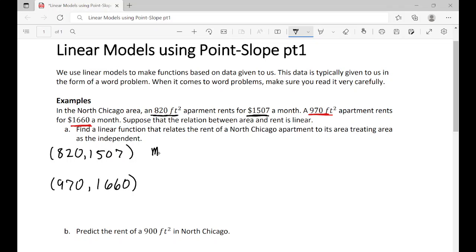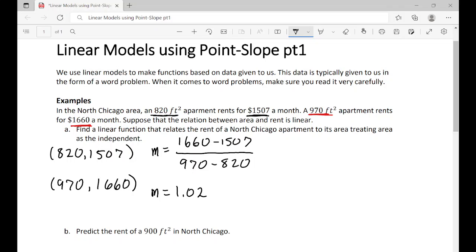So our slope m is going to be equal to (1,660 minus 1,507) divided by (970 minus 820). And when we put that into our calculator, we're going to get 1.02 as our slope.